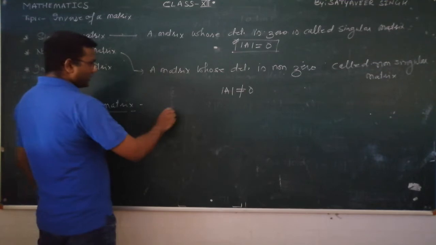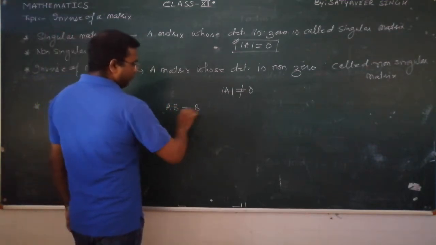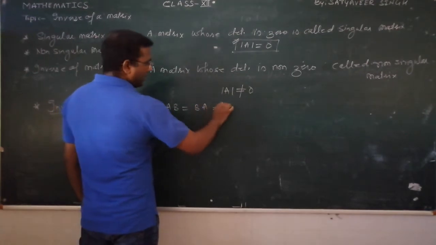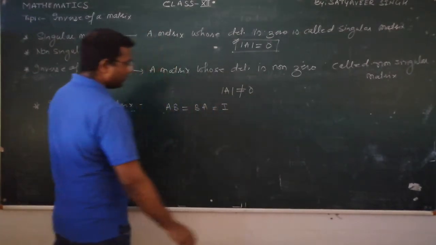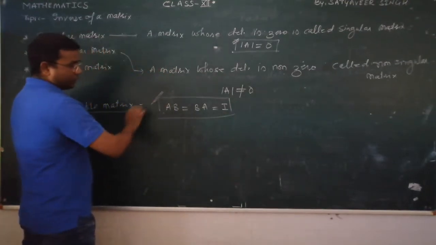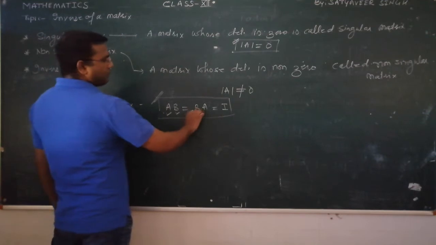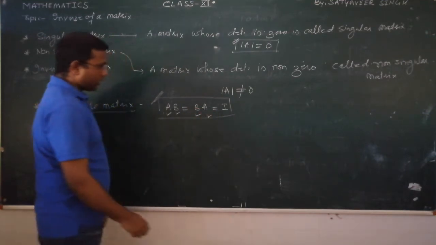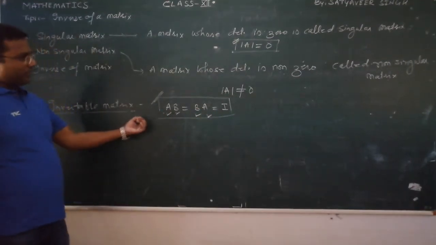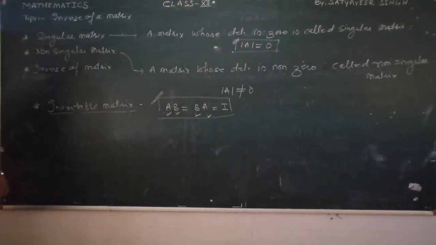If AB is equal to BA is equal to I, then we can say matrix A is the inverse of B, and at the same time B is also the inverse of A. If the product of these two matrices is equal to I, then it is called an invertible matrix.